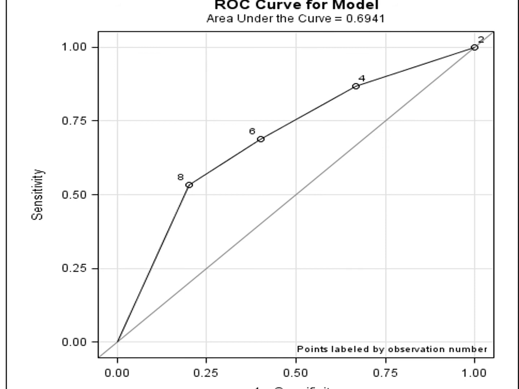Right, so we have 4 covariate patterns. Remember, we have 4 covariate patterns. And so each one of those 4 dots is essentially a plotted point of sensitivity and specificity at that particular threshold or cutoff. So that line plots what it would look like using our model at different thresholds.